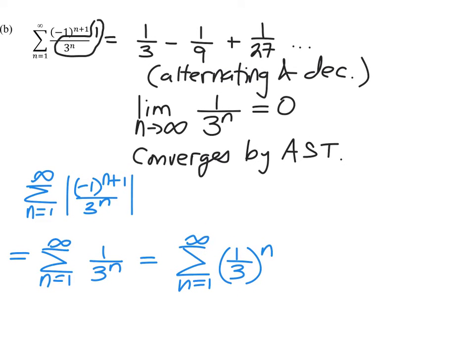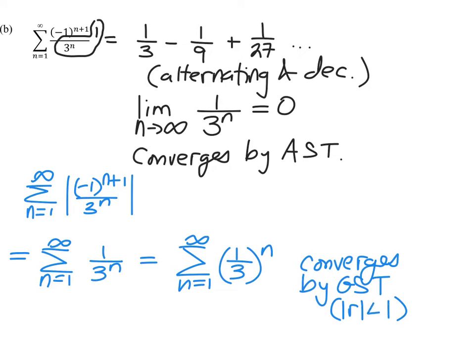So this new series, we just ask ourselves, well, does that converge? And if so, using what test? So I'll give you the first part. It converges by... exactamundo, geometric series test. And the condition that allows that to happen? Exactly. Absolute value of r is less than 1.